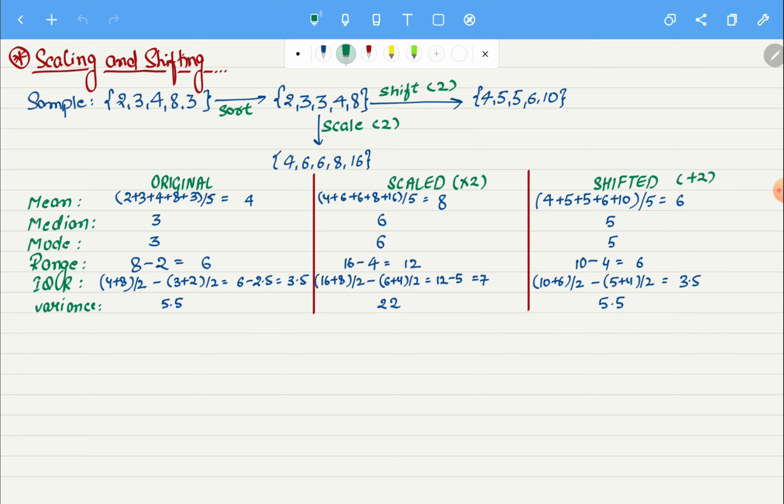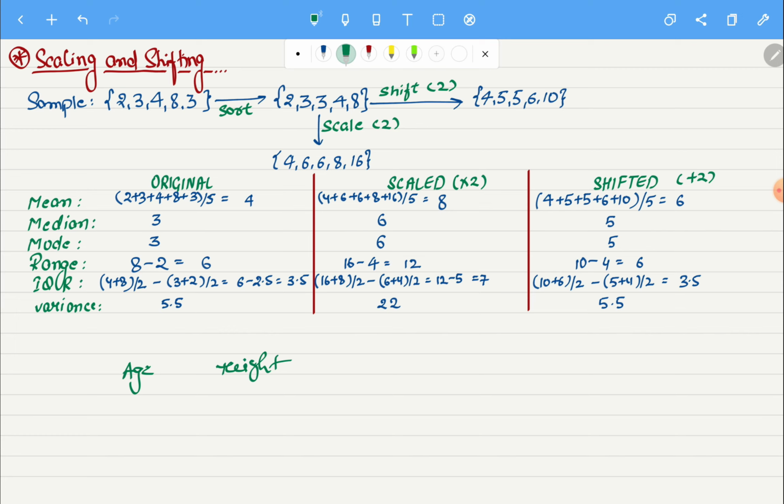Let's say you have a data set with a lot of different features. One feature could be age, which we have seen in our previous videos, and another could be height.